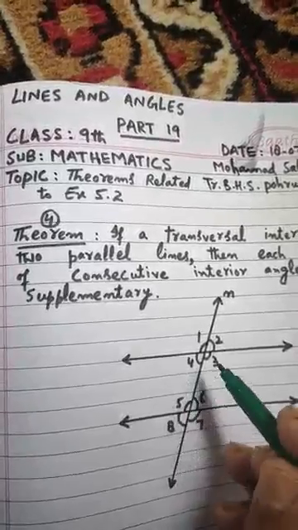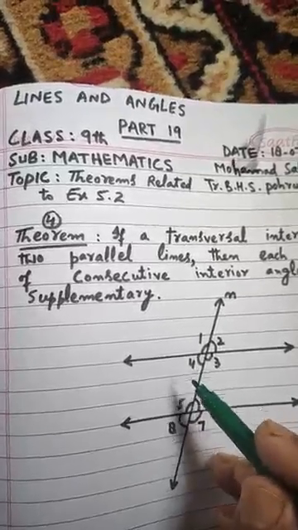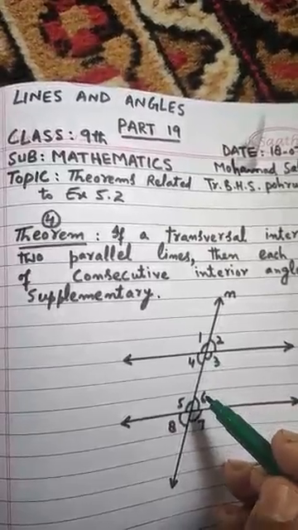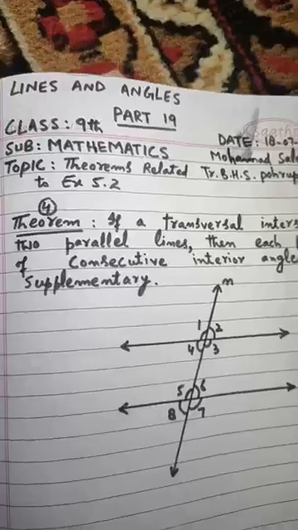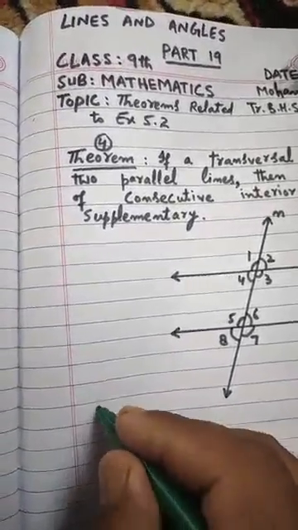This needs proof. We need to prove that angle 4 plus angle 5 is equal to 180 degrees, and angle 3 plus angle 6 is equal to 180 degrees. So we will start with the given. What is given to us?